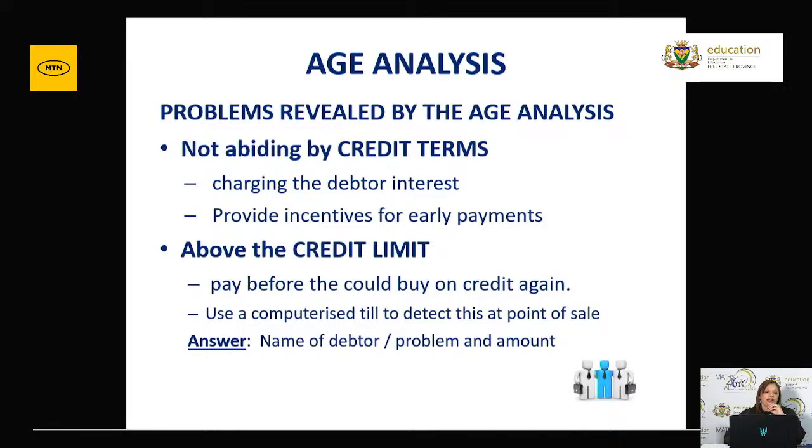So if I as a person come and I want to buy on my account on credit at Edgar's Truett's, one of our stores that we have, they will not allow me to buy if the system says that I've already exceeded my credit limit, right? Then they will either expect me to pay a certain amount to be within the limit, or they will just say, no, sorry, we cannot allow you, right? That would be managing our debtors well.